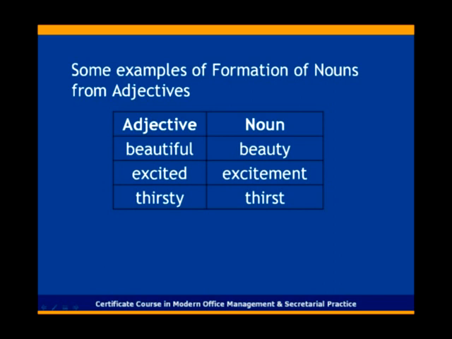Let us now look at some examples of the formation of nouns from adjectives. The adjectives beautiful, excited, thirsty give the nouns beauty, excitement, thirst.